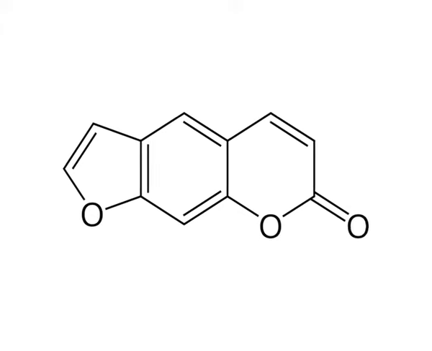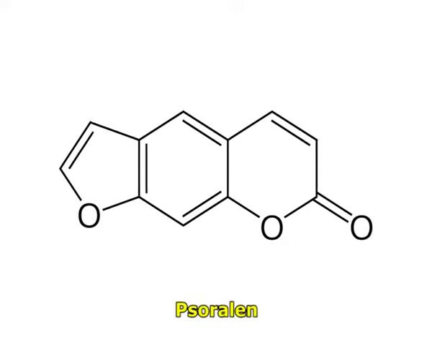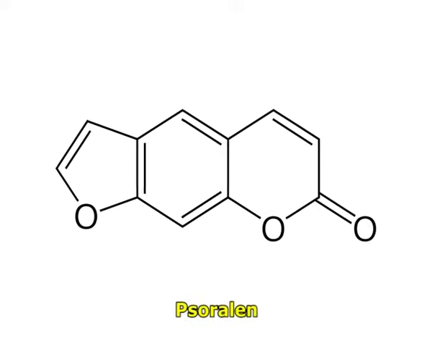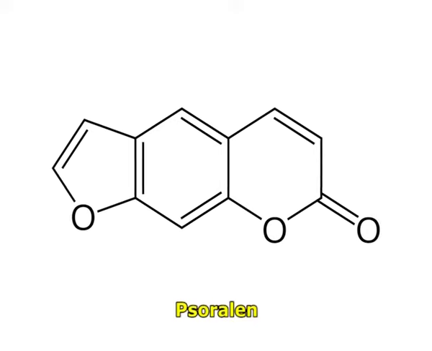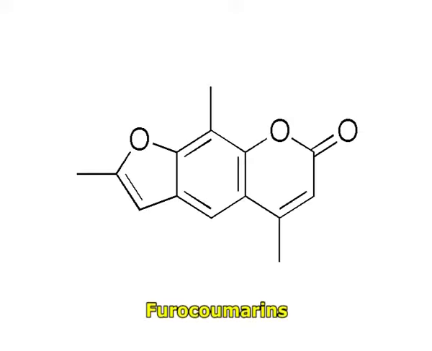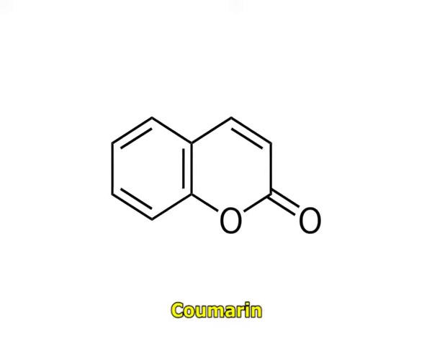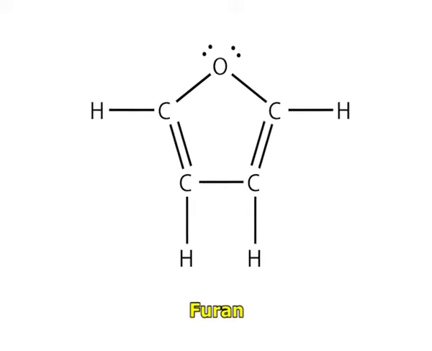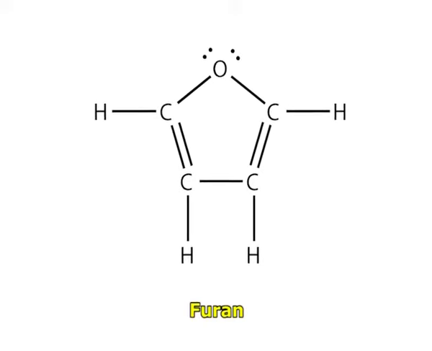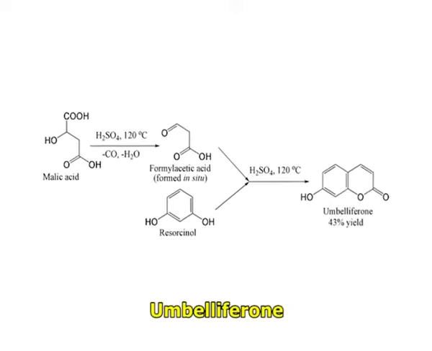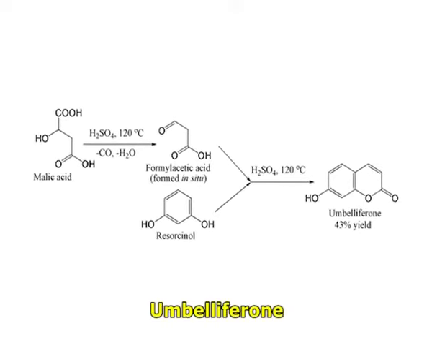Module 5: Extraction and purification of psoralen from Psoralea corylifolia Linn. Psoralen, also called psoralin, is the parent compound in the family of natural products known as furanocoumarins. It is structurally related to coumarin by the addition of a fused furan ring and may be considered a derivative of umbelliferone.